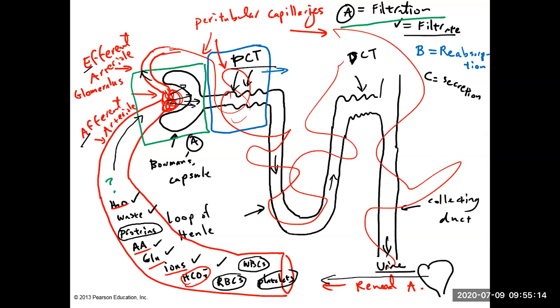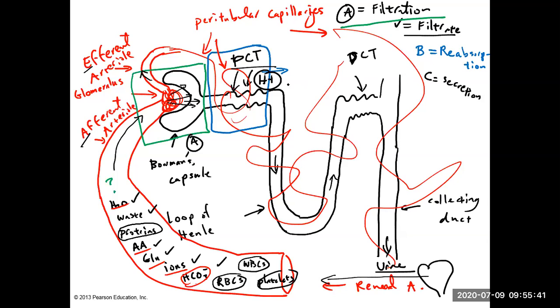Now, before we go on to the next phase, we need to specify the secretion right here is hydrogen ion.